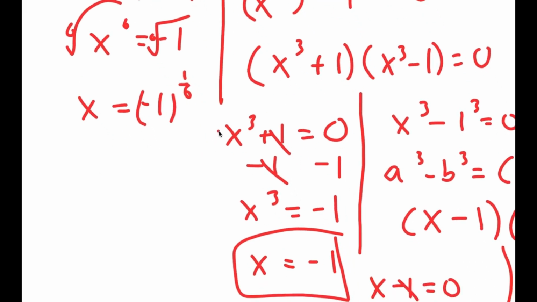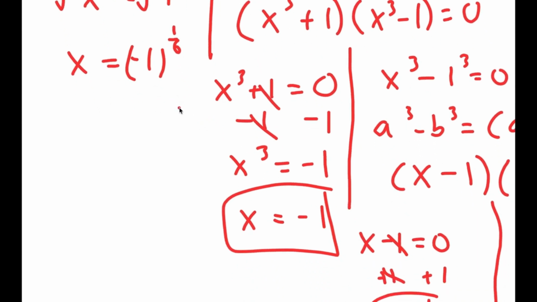So now, the 6th root of -1. We know that i is equal to the square root of -1, which is equal to -1 to the power of 1/2.